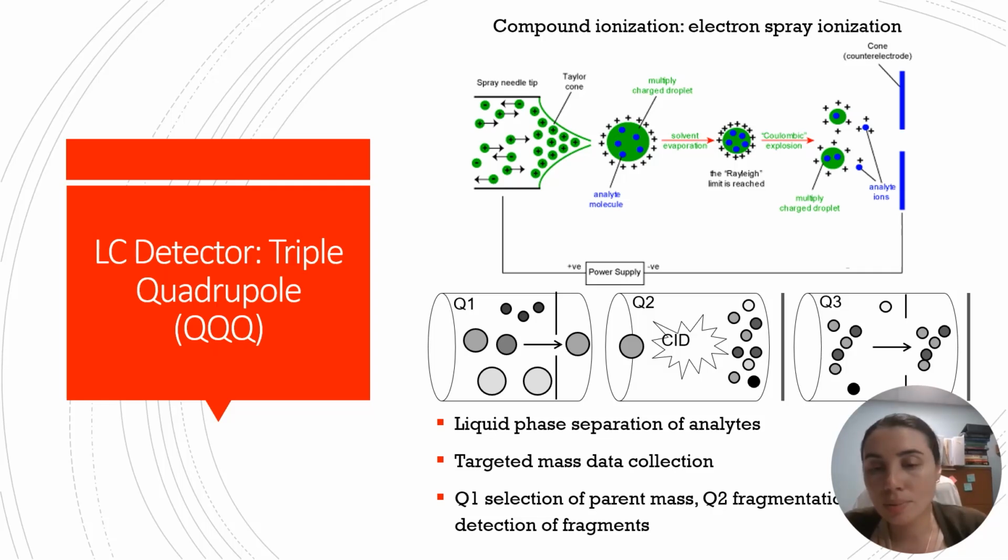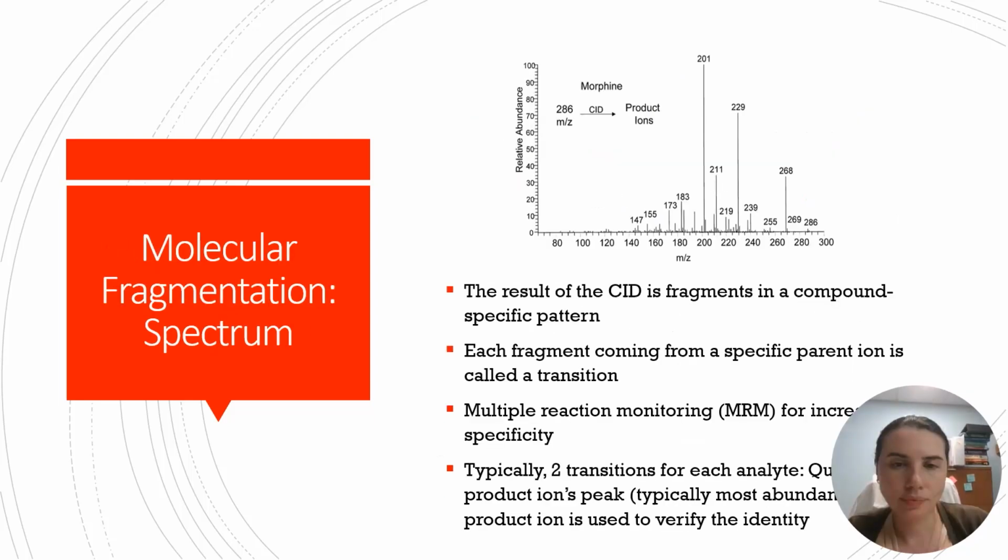Your second quadrupole is where your collision-induced dissociation occurs. So your molecules are bombarded with neutral atoms, and your molecules are broken into charged fragments. And your third quadrupole will select for specific fragments that you might be interested in.